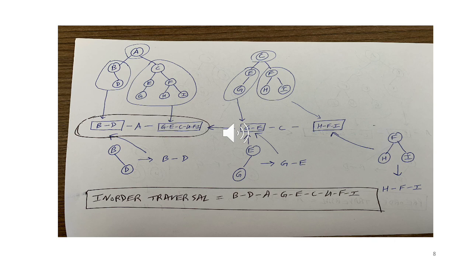Okay. So now we look at this left subtree, which is E and G. And what will be the in-order sequence for that? Left subtree which is G, just one node, followed by root, which is E, followed by right subtree, which is nothing, null. So the in-order sequence is G followed by E. Again, note for G, the left subtree is null and the right subtree is null.